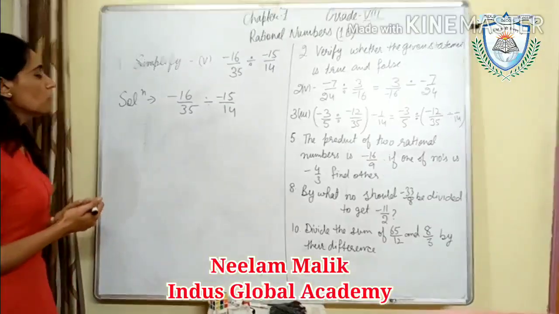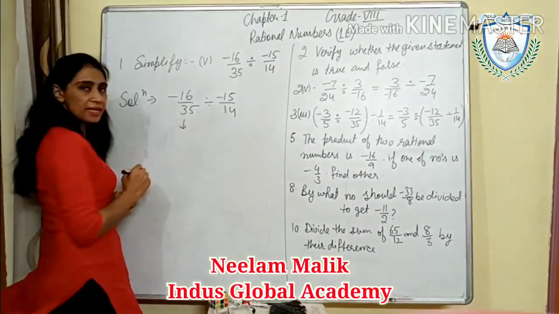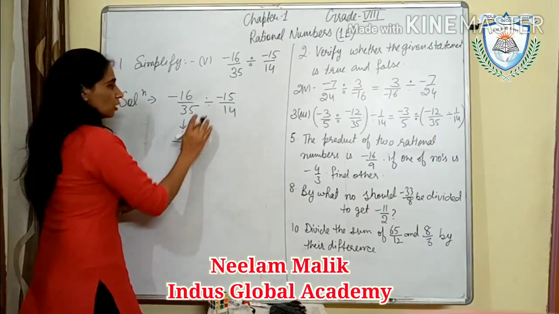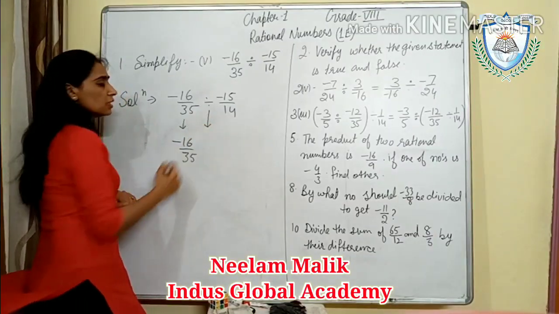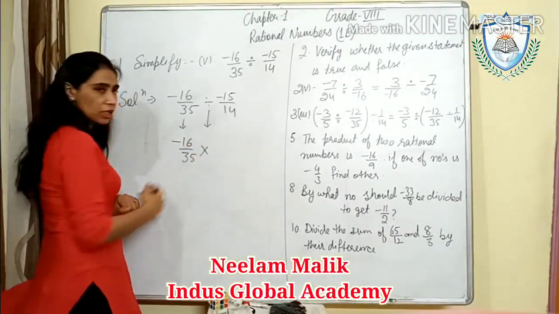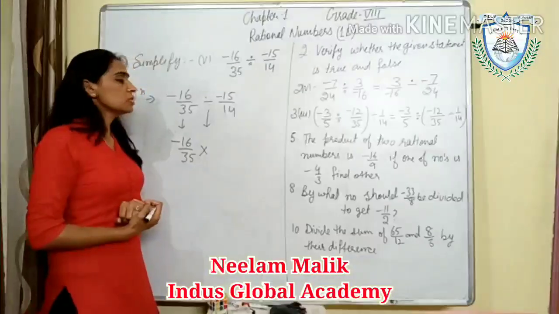So what will we do? We will write the first number as it is, minus 16 upon 35. Then we will convert this division sign into multiplication, and we will take the reciprocal of the second number.